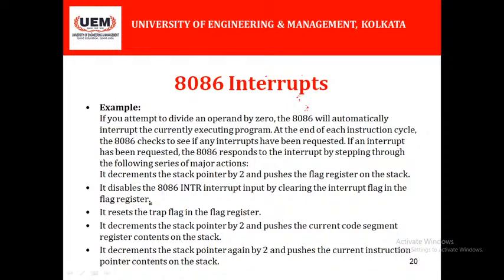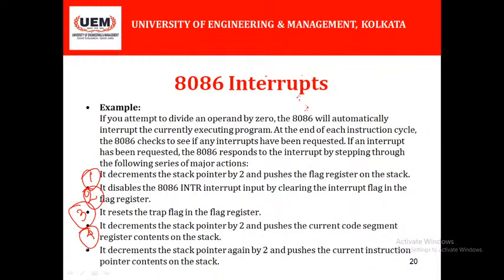First of all, it decrements the stack pointer by 2 and pushes the flag register, that means the sign flag, carry flag, step flag, direction flag, overflow flag, onto the stack. Second, it disables the 8086 INTR input by clearing the interrupt flag in the flag register. Next, it resets the trap flag in the flag register.